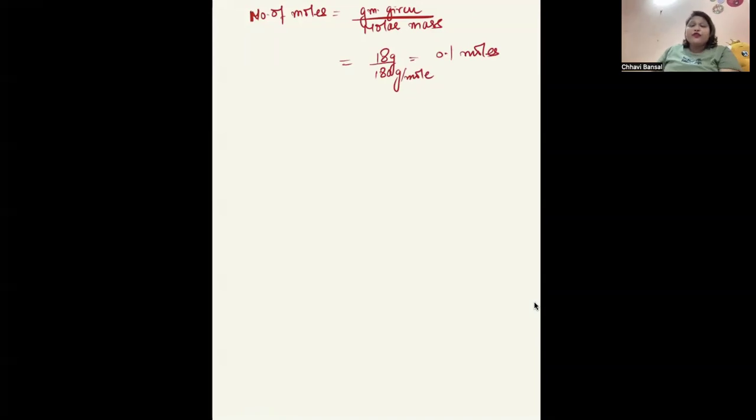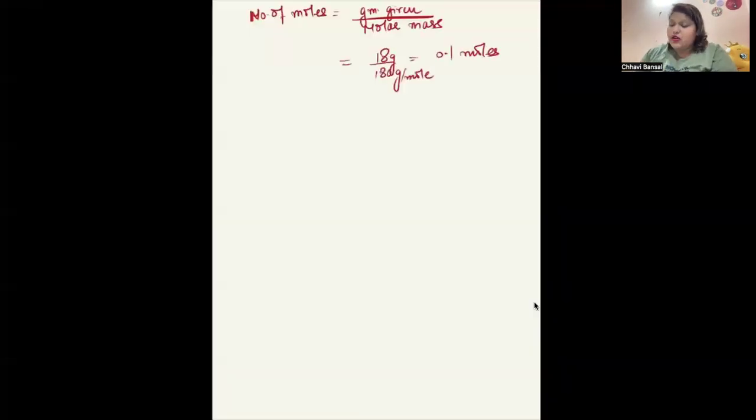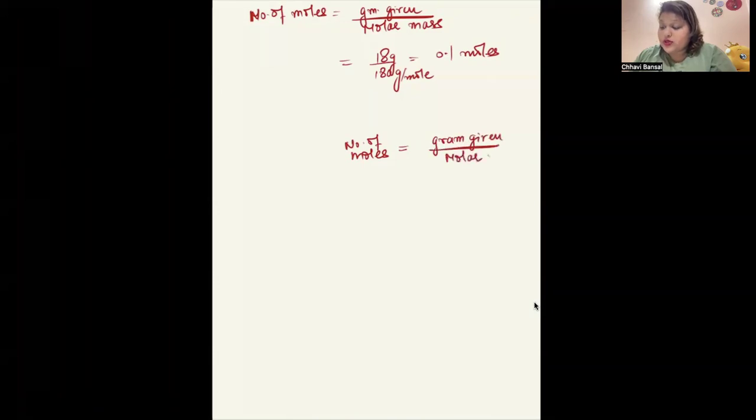Fine. Now this is clear, and this part, number of molecules and number of atoms is clear. This formula should be very much clear. Why? Easy. Let me modify this formula. Number of moles is equal to gram given divided by molar mass, right?